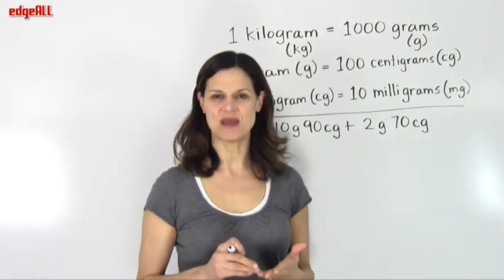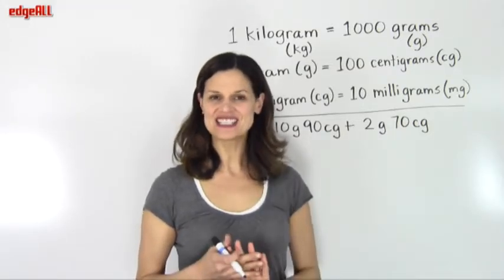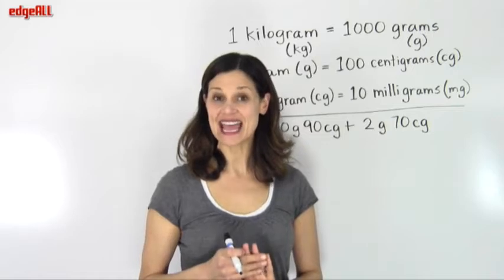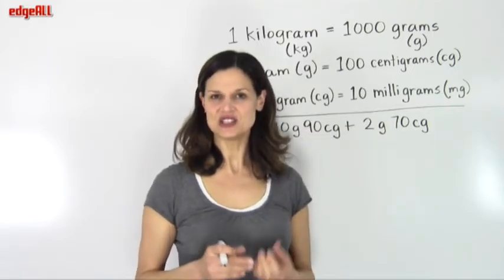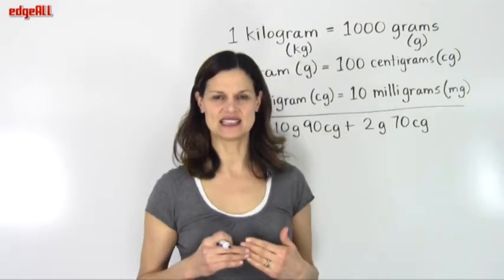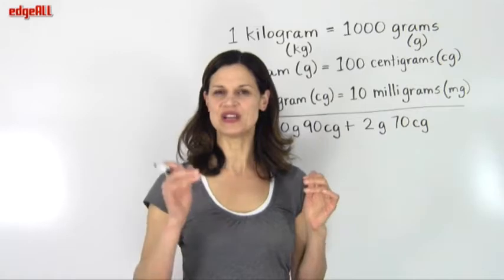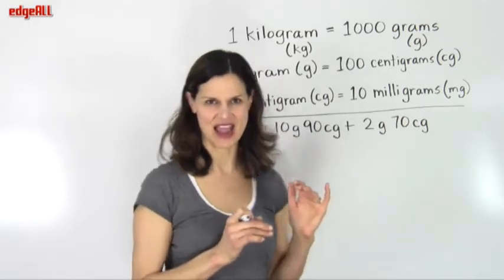Adding mixed unit measurements is a two-step process. The first step is to add like units. You can do this easily by vertically aligning the like units. So we are going to put grams under grams, and we're going to put centigrams under centigrams.